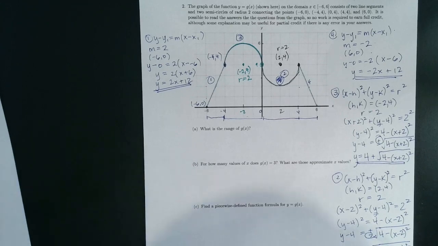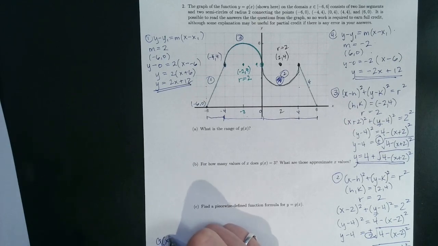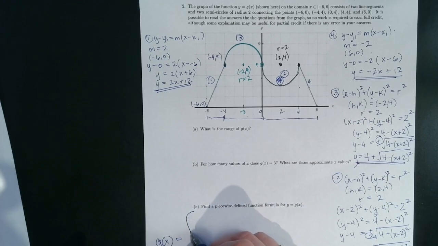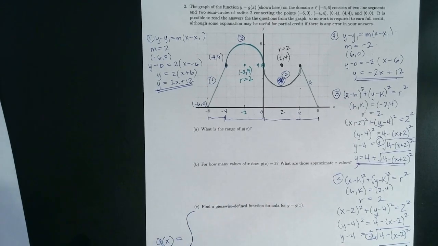So that's the last part that we need. Now we're going to put it all together, and to do that we will have y equals g of x equal to, and we're going to list out all of our equations, and then also note the domain.